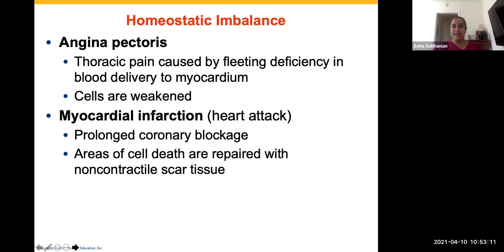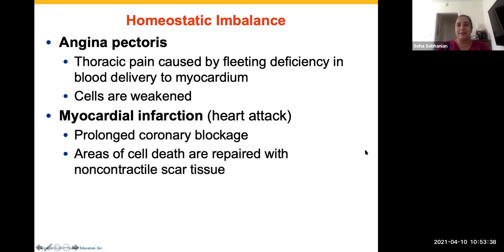And that means that part of the heart is not receiving enough oxygen, and therefore those cells are going to die. So when they don't receive oxygen, they're going to die. As a result, those dead cells are going to be replaced with non-contractile scar tissue.